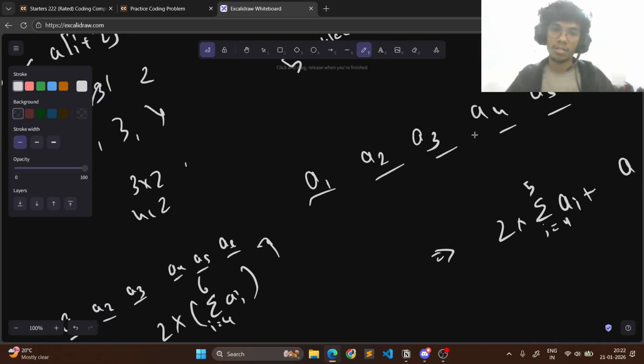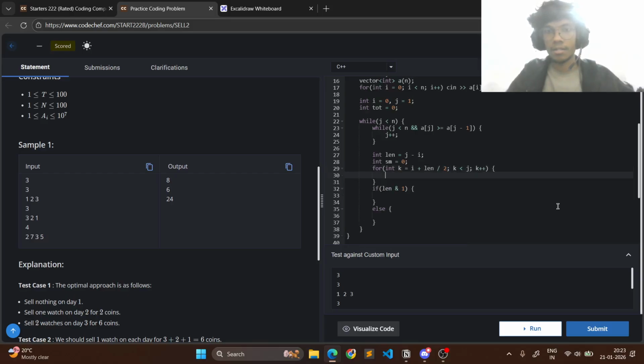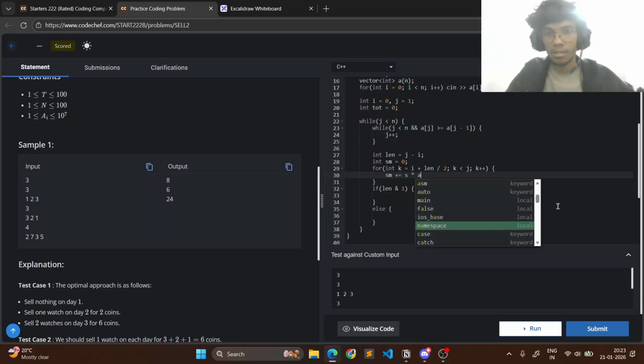So for int k equals i plus length by 2, and k less than j, k plus plus, sm plus equals 2 into a of k.